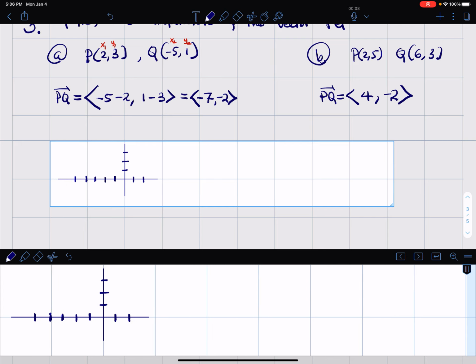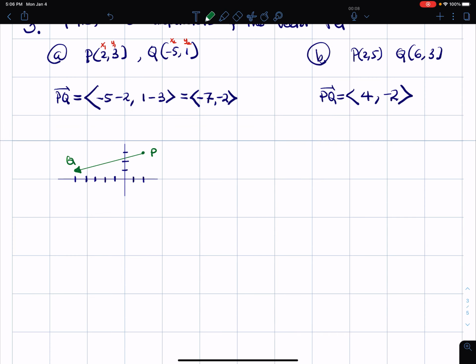I think we can draw the two vectors. The point 2, 3 is here. I'm going to do it in green. And the point negative 5, 1 is this point. The challenge is to join these two points. Okay, so this is our P and this is our Q.